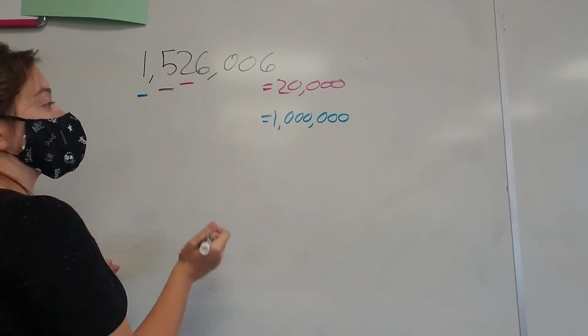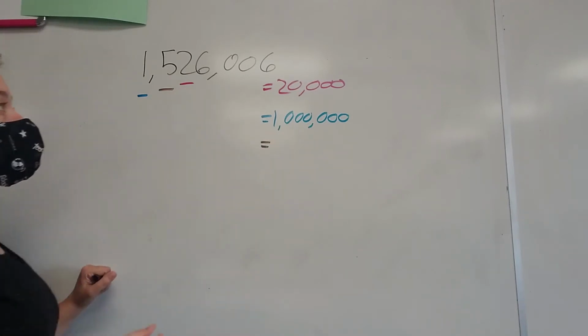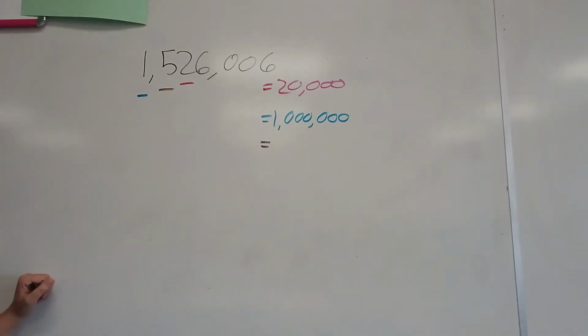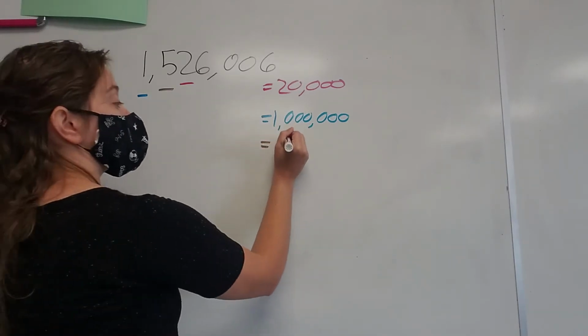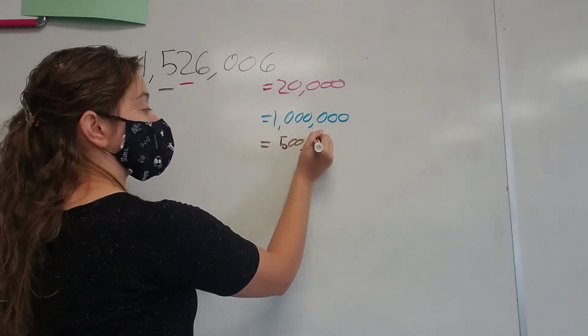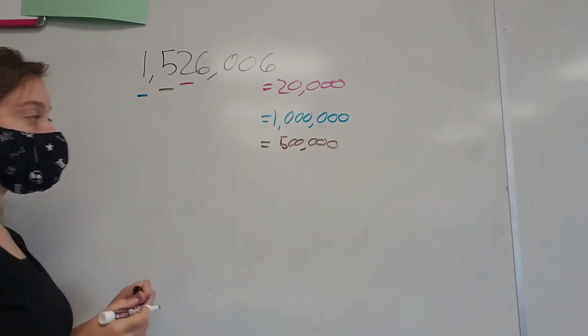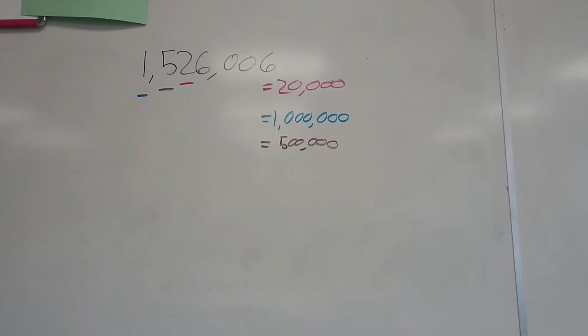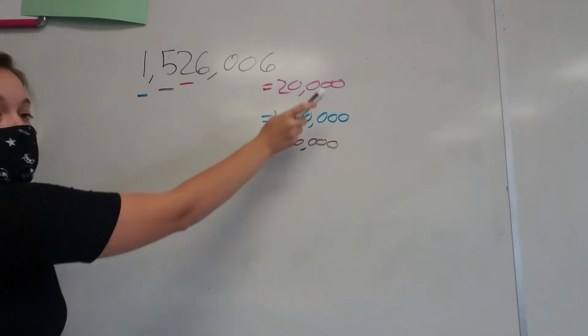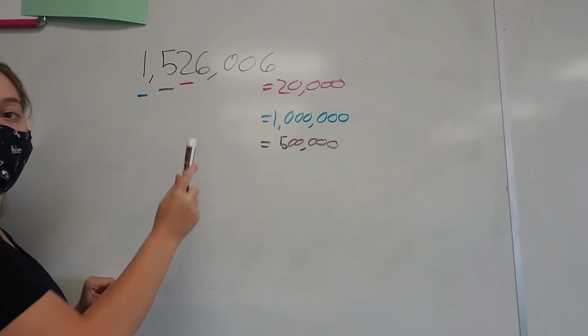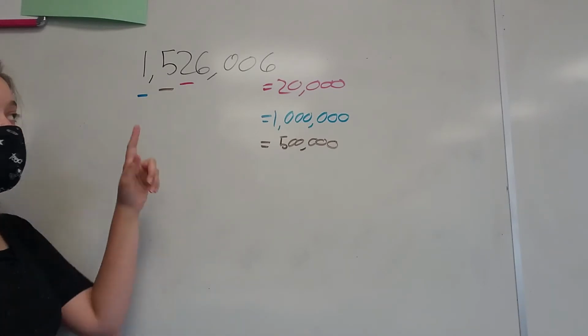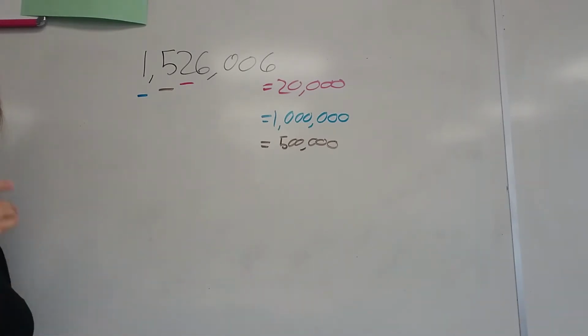Samara, what's the value of my 5? 500,000. And then you need 5 zeros. Does this make sense? When they say find the value of, and then they give you a number, you're finding the value of that number. Okay?